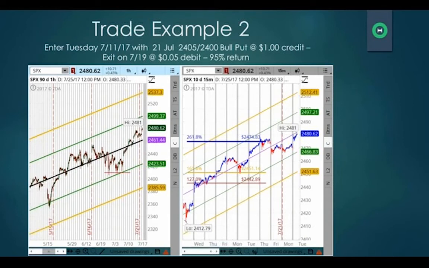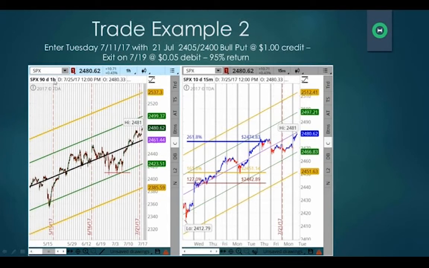Let's look at a recent trade example. On Tuesday, July 11th, the market was, this is the longer term chart. It's the 90-day 1 hour. I will go over some trade results records in the next couple of charts.